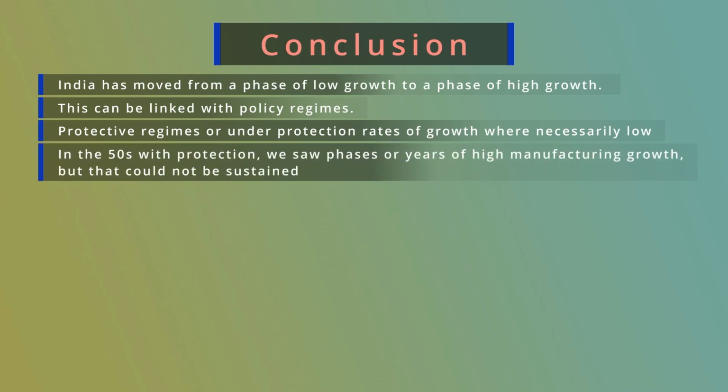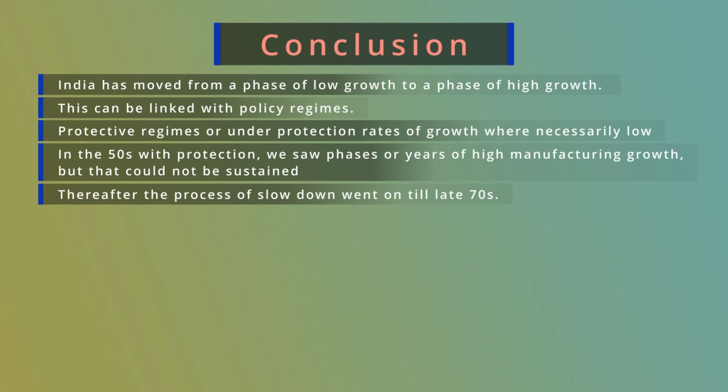But to start with, in the 50s, with protection, we saw years of high manufacturing growth, but that could not be sustained. Thereafter, the process of slowdown went on till the late 70s.